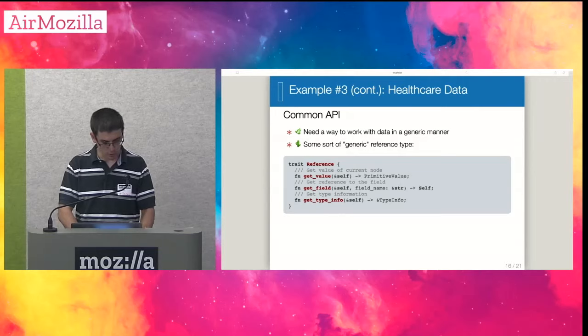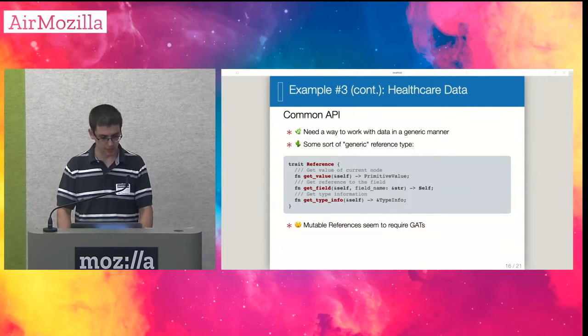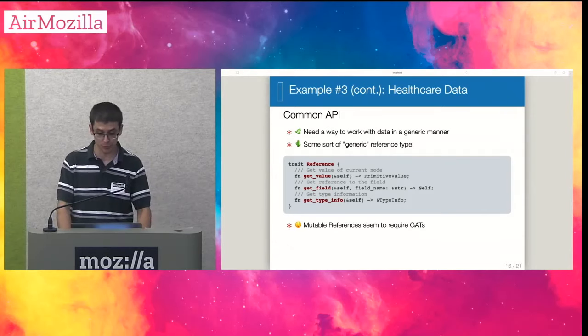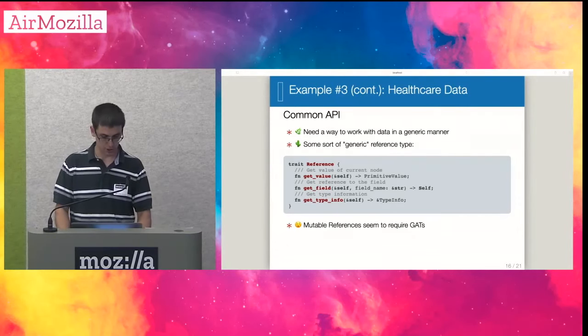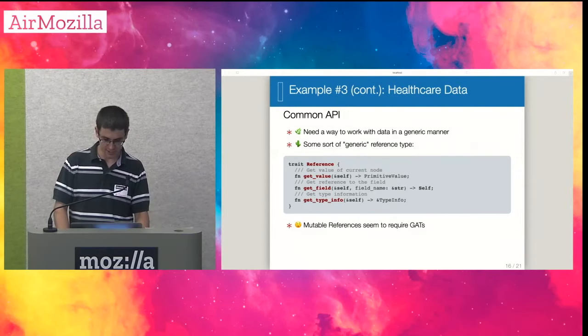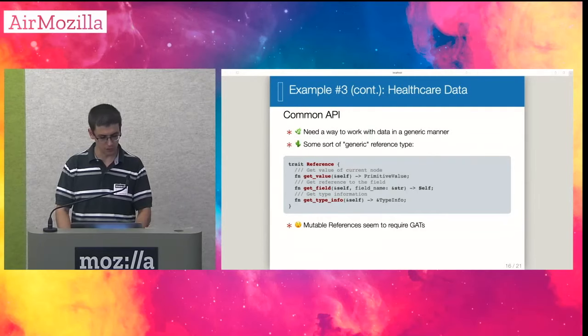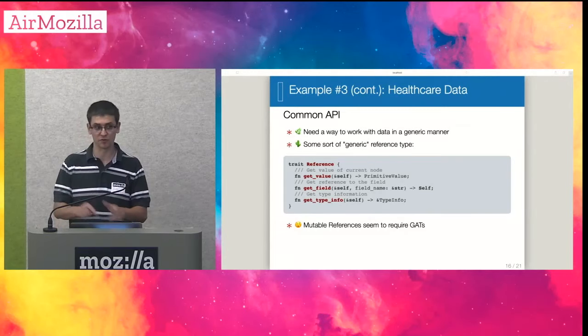Unfortunately, that API worked only to some level, and then we got to the point where we needed mutable references. We need to be able to mutate data using this API, and it turned out that to express that in traits, you need GATs, which are generic associated types. If you want to mutate data, you want a function called getFieldMut, which takes self as mut self, and it should return something that borrows from that self.